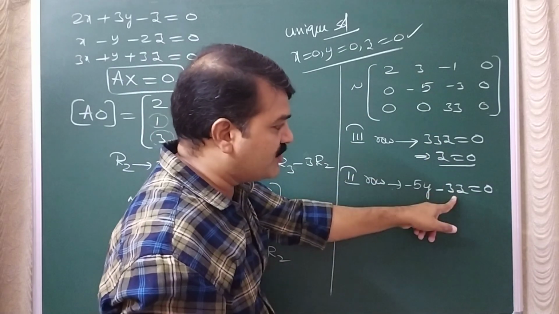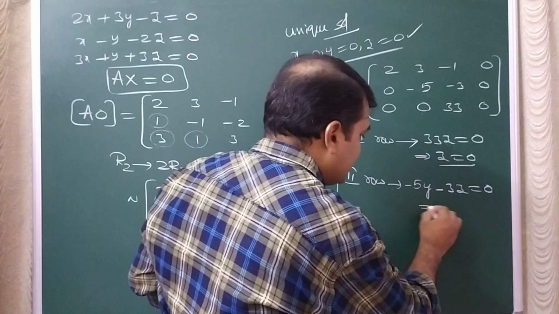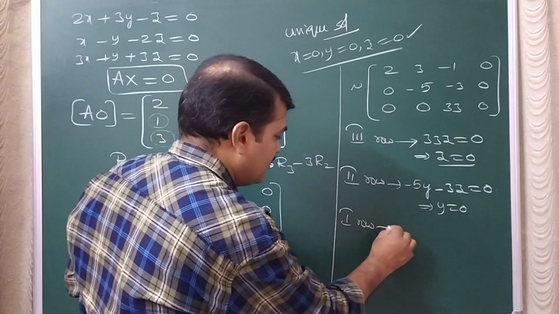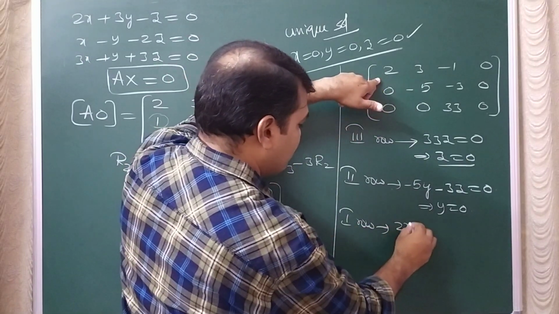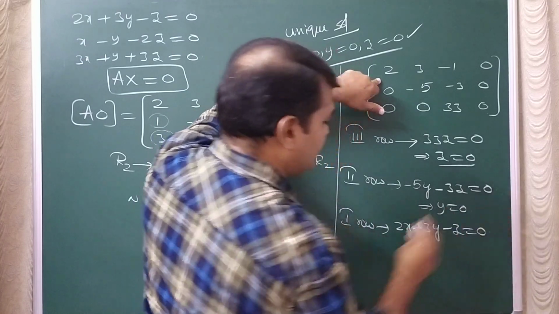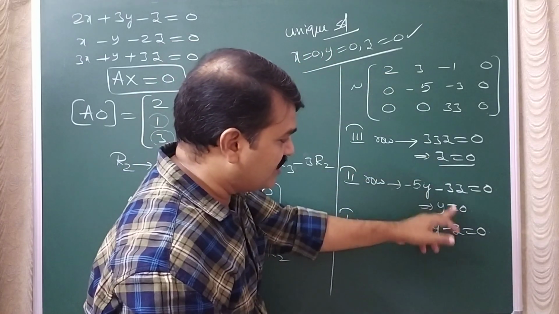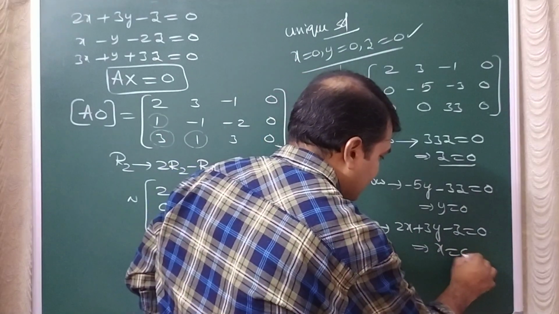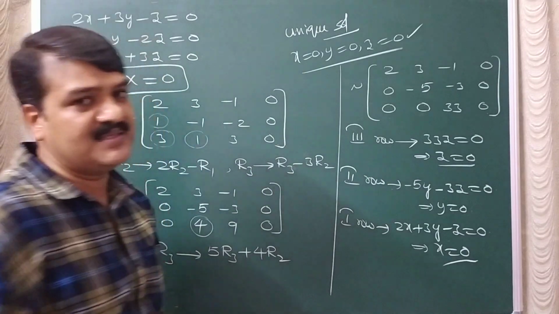Already we got z is 0, put it here. Even y will be 0. From the first row, 2x plus 3y minus z is equal to 0. We know z is 0, we know y is 0. Substitute here, even x will be 0. That's it. You will get the unique solution like this.